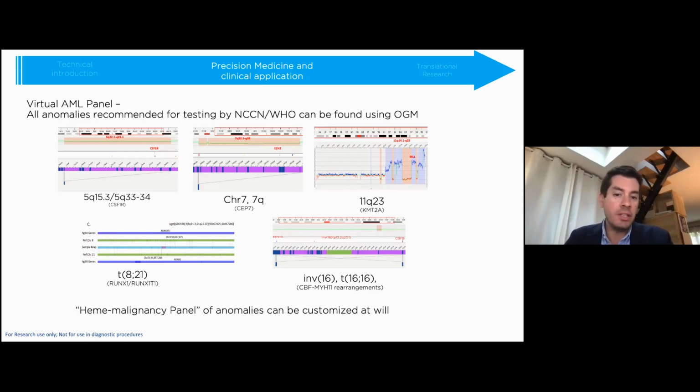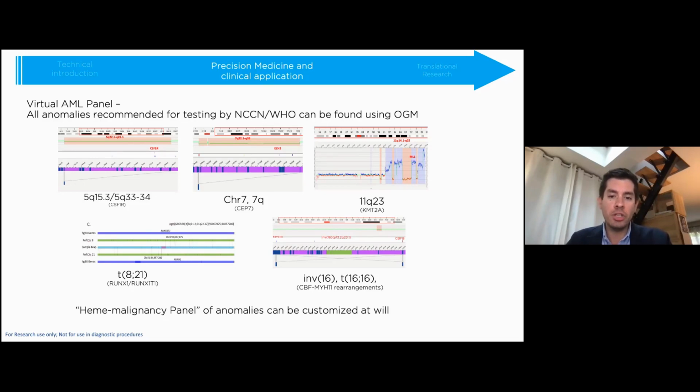And some SVs, translocations, are considered a hallmark for risk stratification of leukemia patients. In just a few clicks, you can highlight events that are reported in international guidelines published by WHO or NCCN.